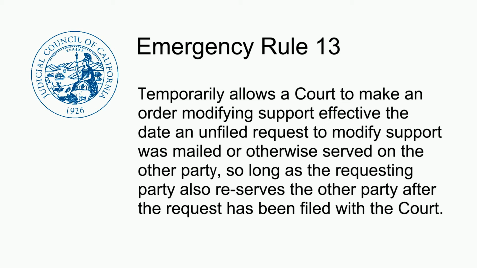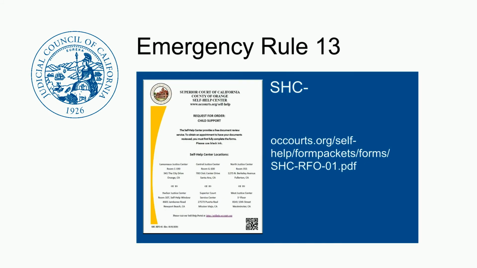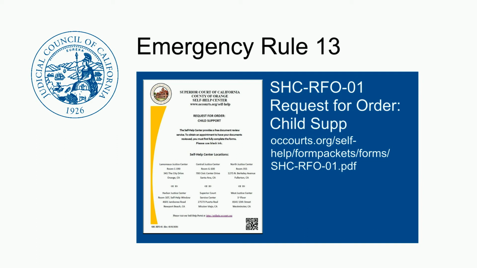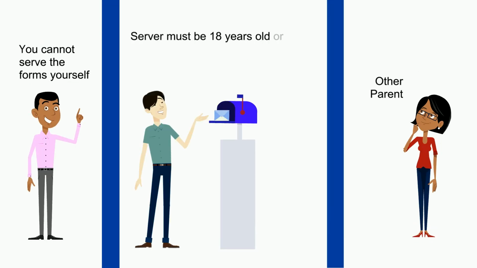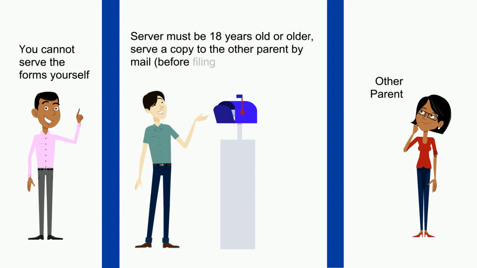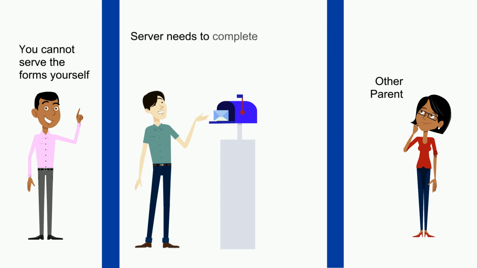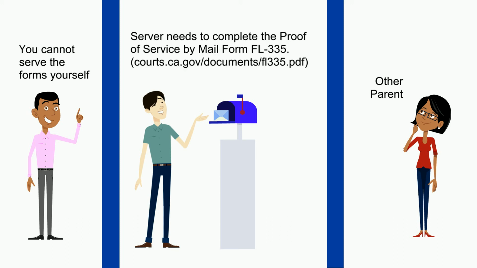What the emergency rule allows you to do is complete the following packet: SHC-RFO-01. Once completed, you must have someone else over 18 years old serve a copy to the other parent by mail. The person that mails out the copy, your server, needs to complete the proof of service by mail, Form FL-335.